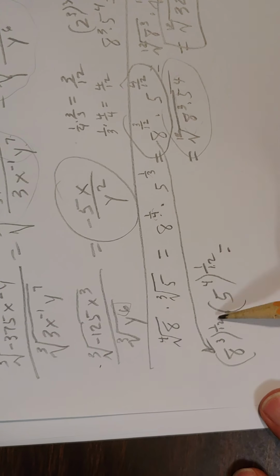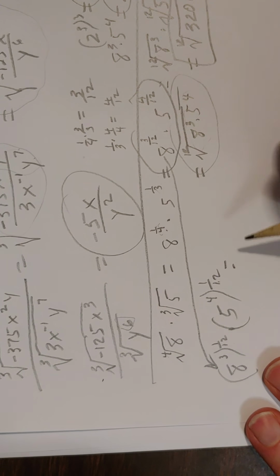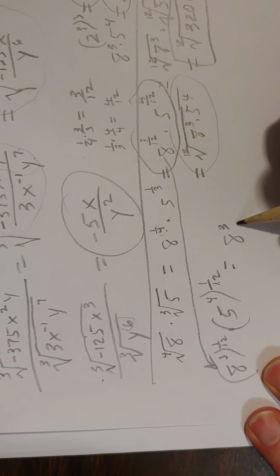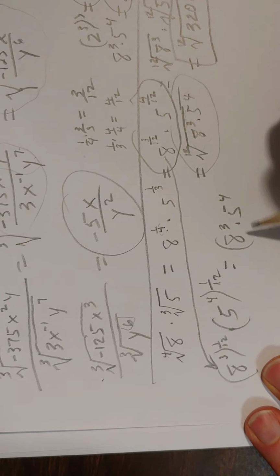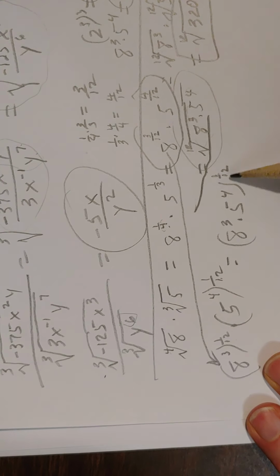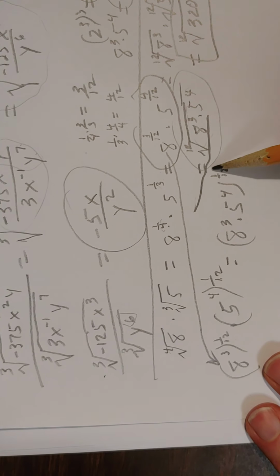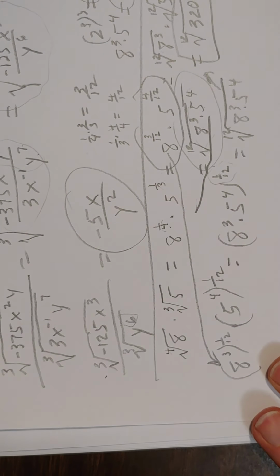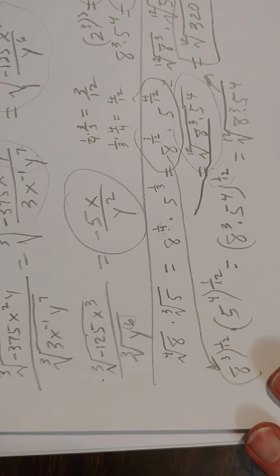These are both 1/12, so I can use properties of exponents again. You can write this as 8 cubed times 5 to the 4th, all to the 1/12th power. Then 1/12th power means 12th root. So it's the 12th root of 8 cubed times 5 to the 4th, and we're right back to the earlier step. But anyway, there's an example.